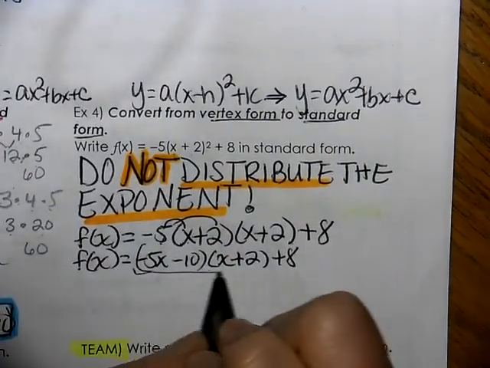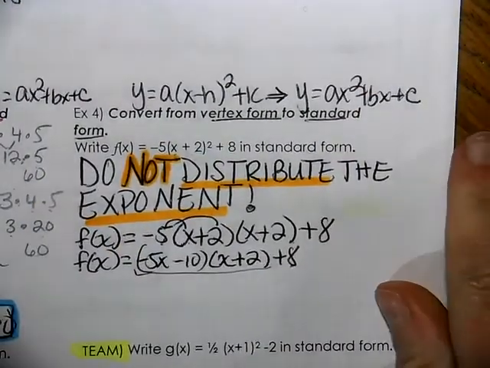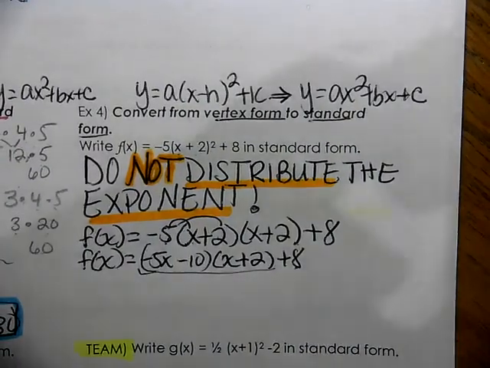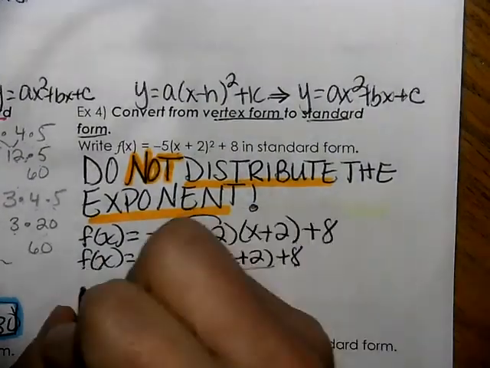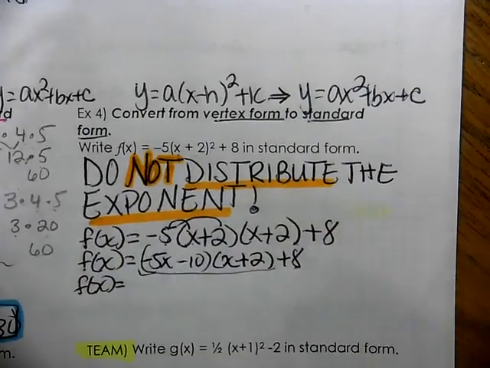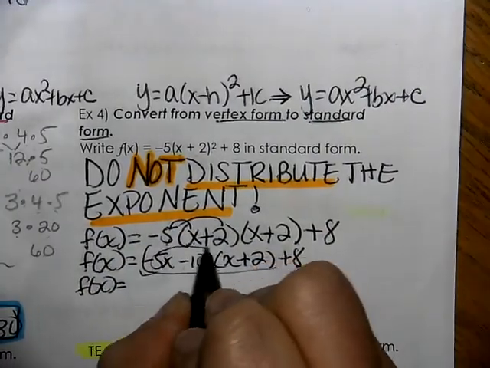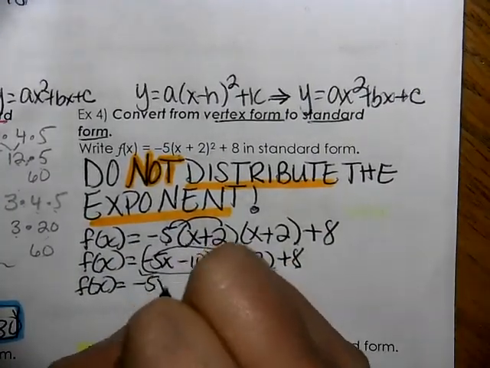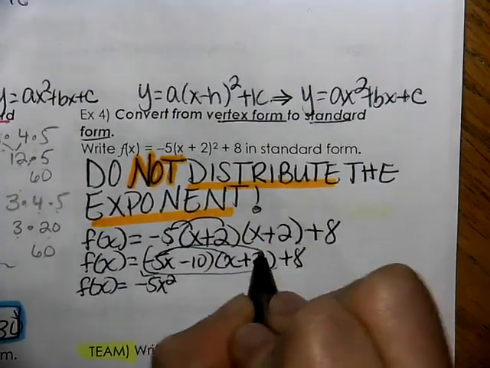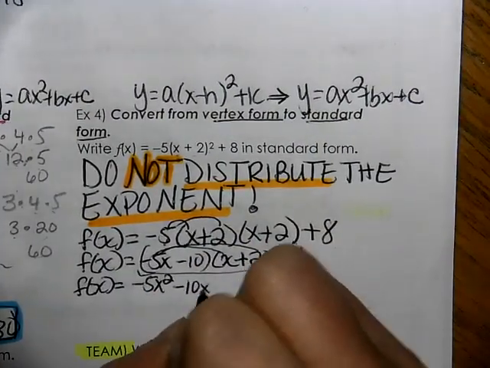Now I'm going to FOIL. The plus 8 kind of hangs out on the end until I've gotten rid of all of my parentheses. So I'm going to distribute negative 5x times x is minus 5x squared. Negative 5x times 2 is minus 10x.